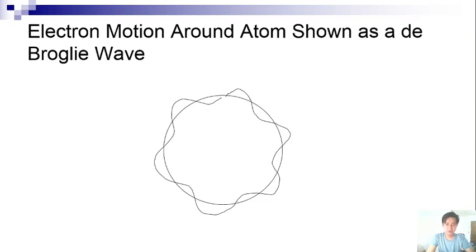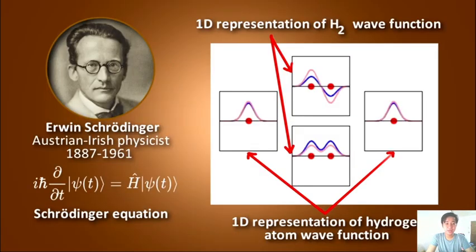This is a very crucial question that has been answered by Erwin Schrödinger. Erwin Schrödinger said that if it is a wave, it can exist anywhere in a three-dimensional space.